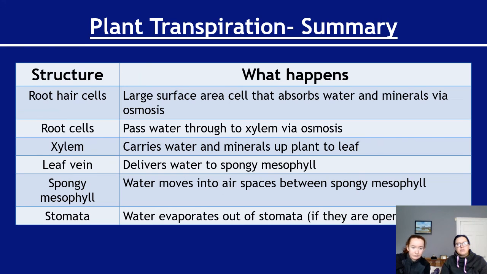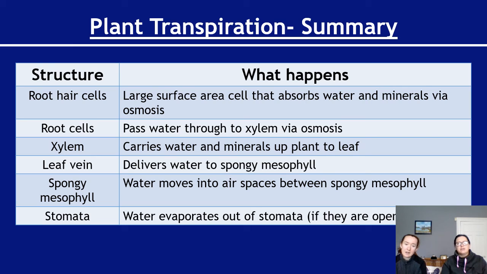Right, we're also going to summarize transpiration for you. In transpiration, here are the important structures and what they do. The root hair cells have a large surface area that absorbs water and minerals via osmosis from the soil. The root cells pass water through to the xylem, again via osmosis. The xylem carries water and minerals up the plant to the leaf.